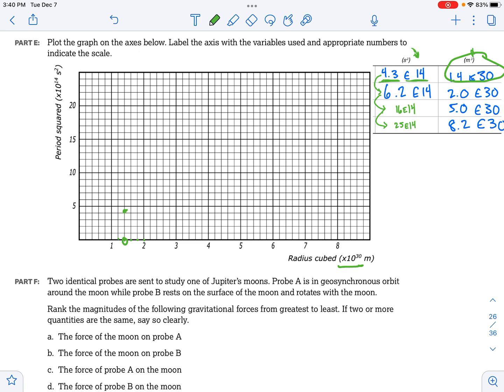And then 2.0 and 6.2. Oh yeah, actually they noticed that it's times 10 to the 14th. Okay. And 5.0 with 16 and 8.2 with 25.